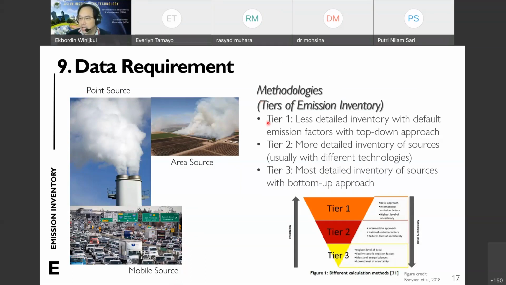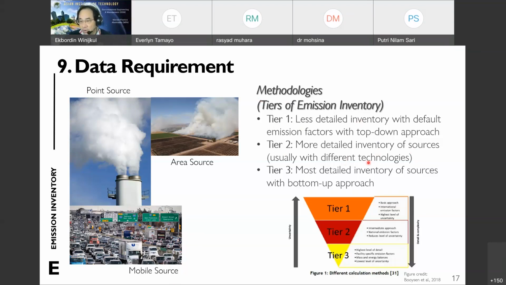There are 3 tiers. Tier 1 is the less detailed inventory. Usually we talk about the top-down approach, right? Starting from national level information. Those are considered tier 1, less detailed inventory. Tier 2 is a more detailed inventory of the source, usually when we consider different technologies in our calculation.